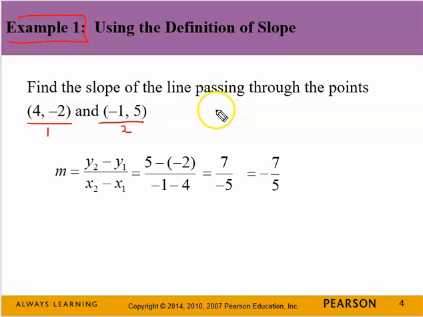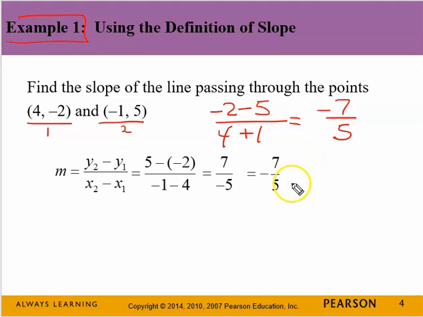So this will be a minus 2 minus 5, and this will be a 4 minus a minus 1 gives you a positive 1. So this is a negative 7 over 5. Now notice when they did it the other way, they got a 7 over a negative 5. What I'm showing you here is it works either way, and this is just a little bit of substitution and calculation. So our slope is this. All right, let's go on.